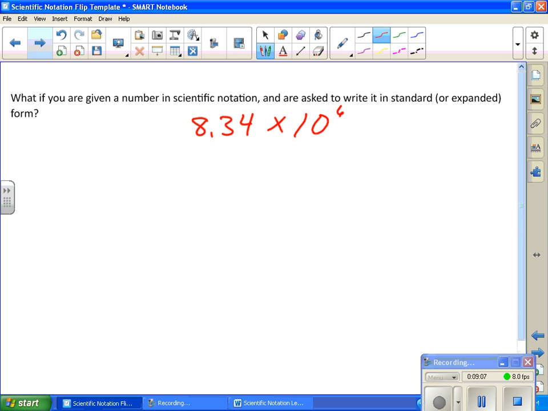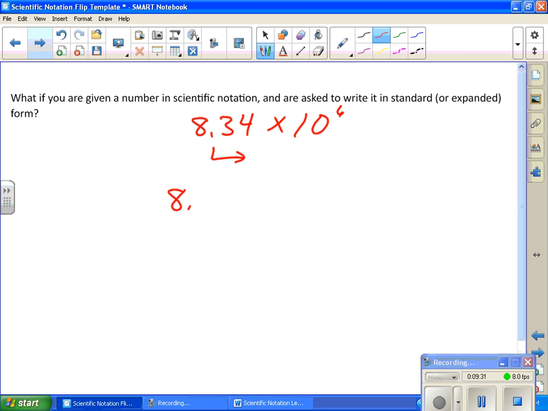So we are going to use the process we just described in reverse. The exponent tells you how many places to move the decimal point. And because this is a positive exponent, we know that this number is going to be much larger than 1. So we know that we have to move the decimal point to the right 6 times.